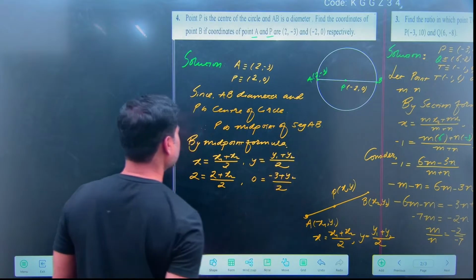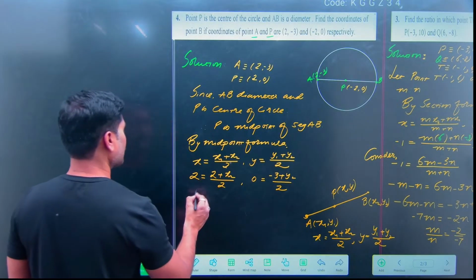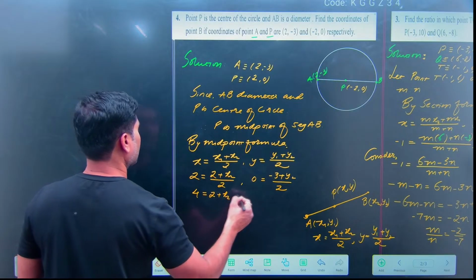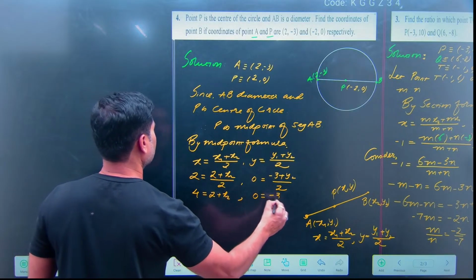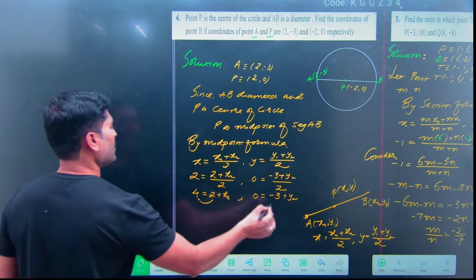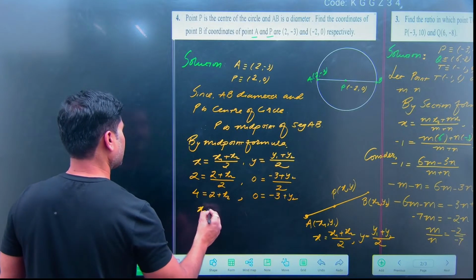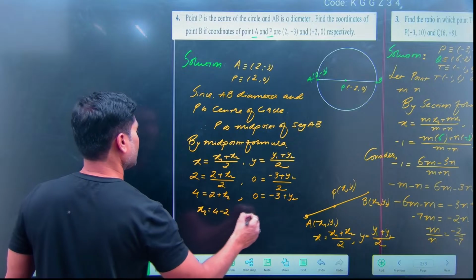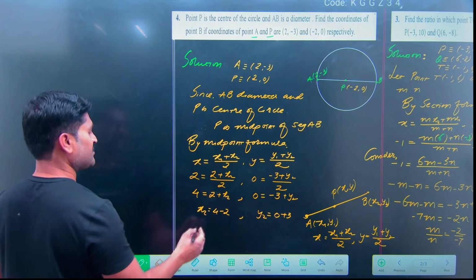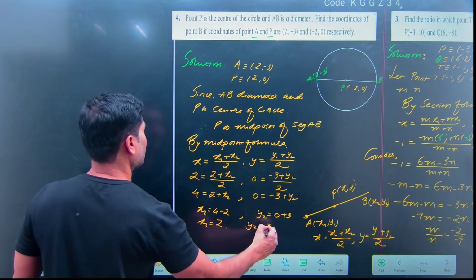Let this 2 as it is. So you do the cross multiplication or get this 2 in left hand side. There also 2 2s are 4 equal to 2 plus x2 and 2 zeros are 0 is equal to minus 3 plus y2. So you get this 2 and this minus 3 in left hand side. So therefore x2 becomes 4 minus 2 and y2 becomes 0, minus 3 became plus. So x2 is equal to plus 2 and y2 is equal to 3.